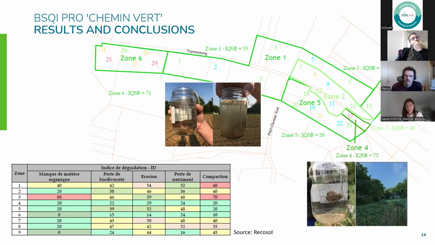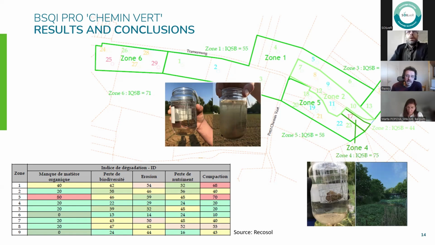So, zone 1 shows a significant degradation index for several types of degradation: lack of organic matter, loss of biodiversity, erosion, and compaction.